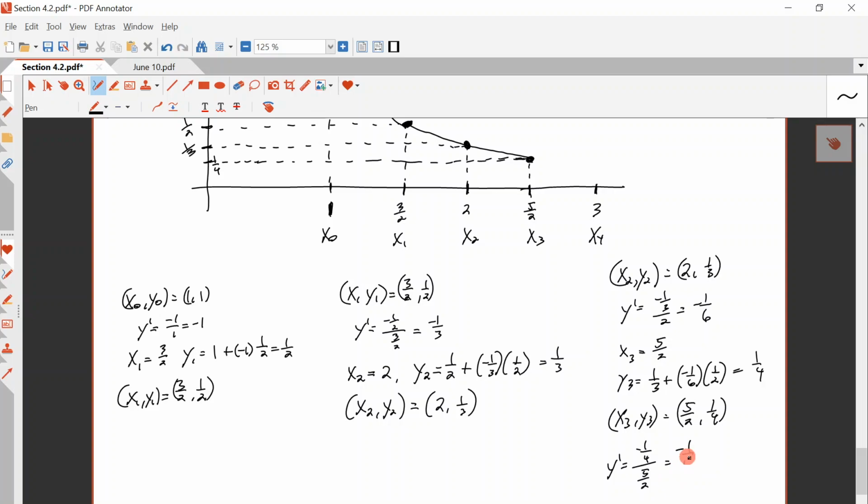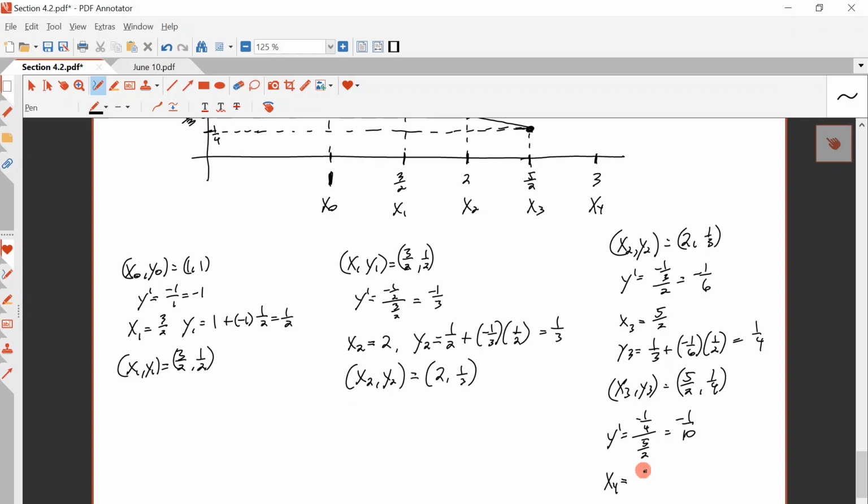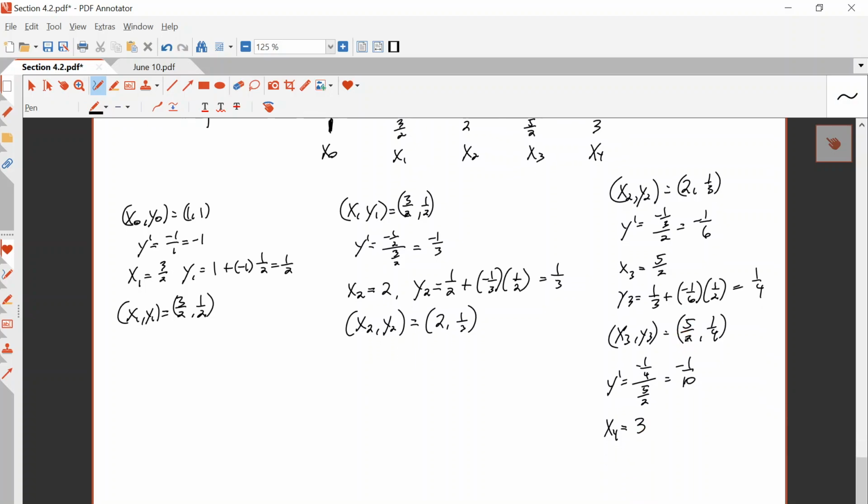So that is minus 1/10. x4 is equal to 5 halves plus a half, which is 3. And then y4 is equal to y3, which is a quarter, plus the slope times delta x.